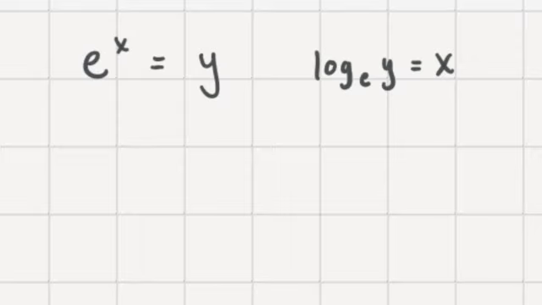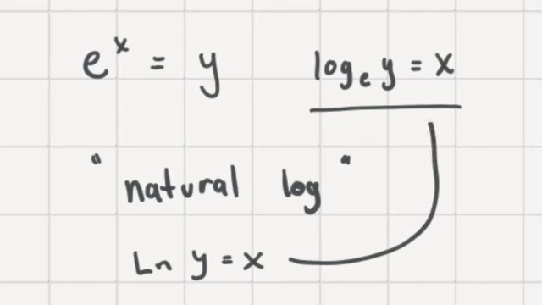Instead of writing everything like this, log base e of y, we actually have a special button on our calculator just for log base e, and it looks like this. ln of y equals x. So this and this mean the same thing. If you see ln of something, that means log base e.